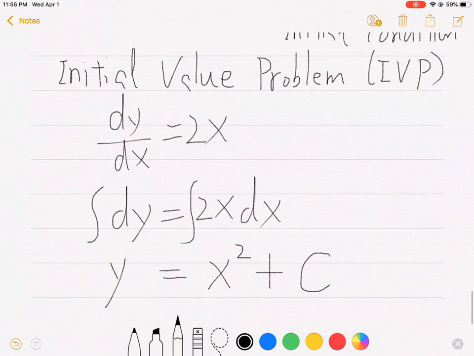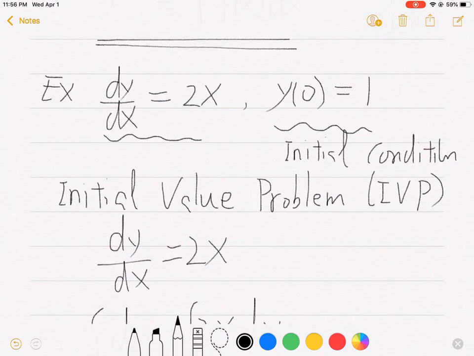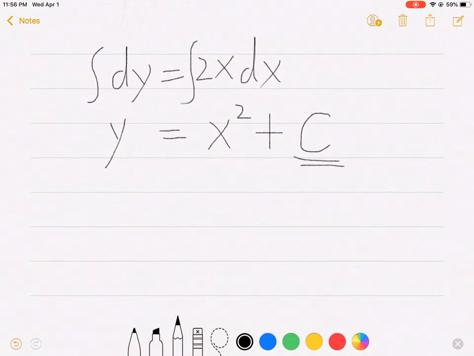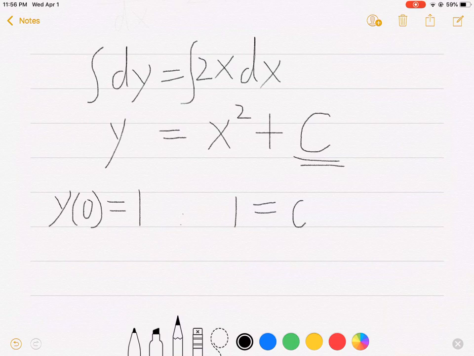So now we want to use this initial condition to determine what c is. The initial condition says that when x equals 0, y equals 1. So 1 equals 0 squared plus c. This tells you that c equals 1.